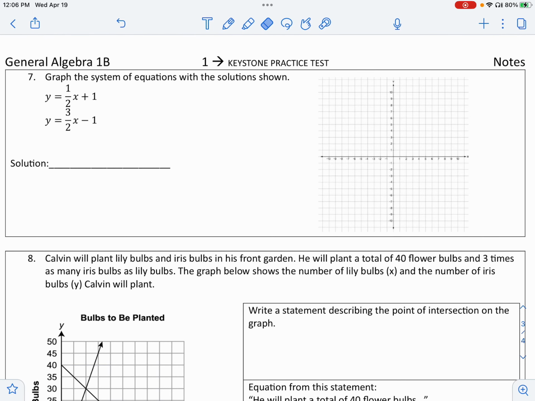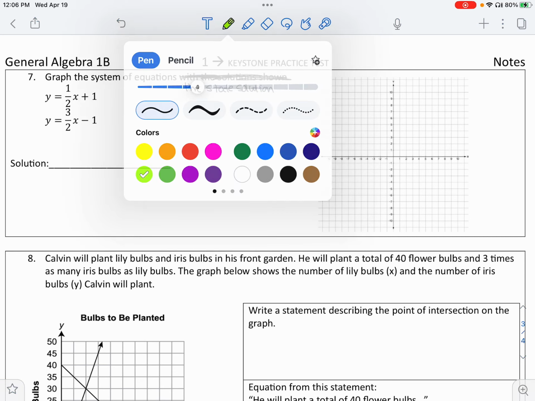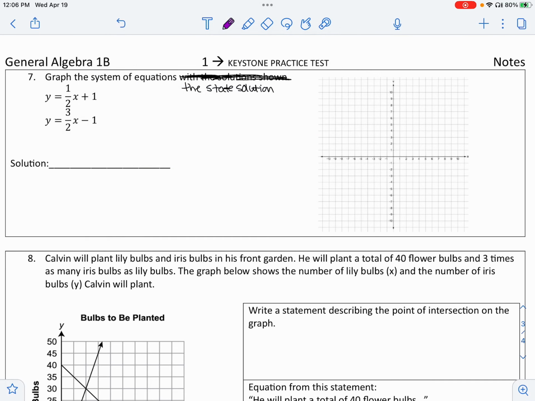Number 7, it's now time for us to graph a system of equations, and this should say, then show the solutions below. So then state solution. Okay, I'll fix that for yours. All right, so in order to graph this, purple. We are going to do one at a time.